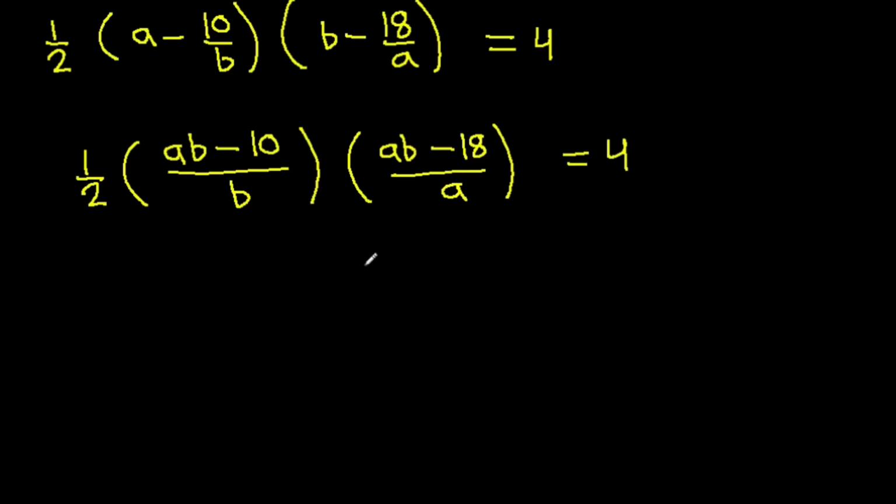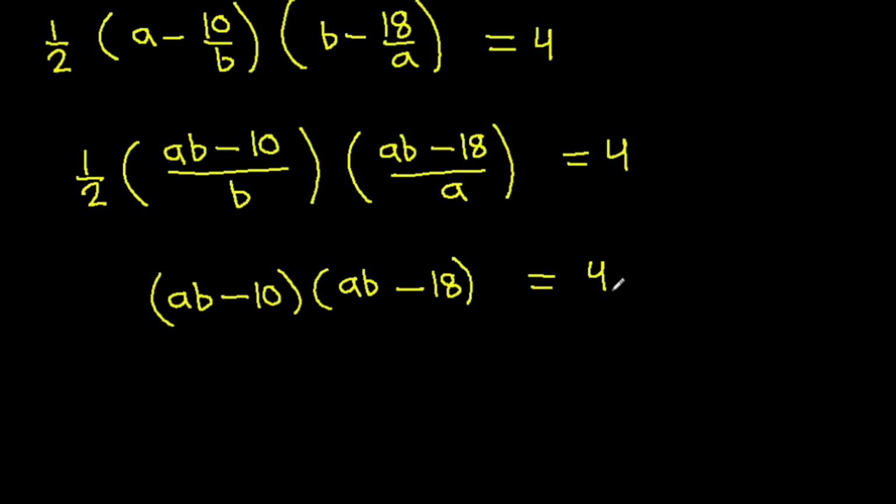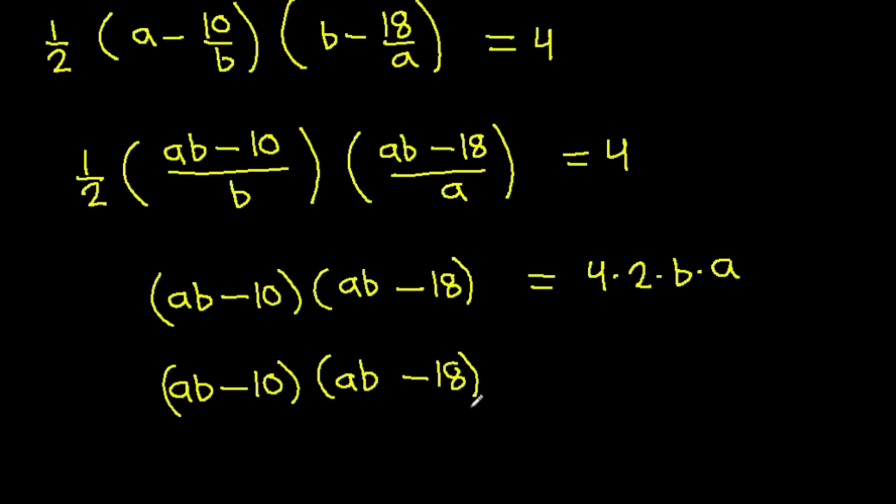And if we cross multiply, then (AB minus 10) times (AB minus 18) will be 4 times 2 times B times A, so it is 8 times AB.